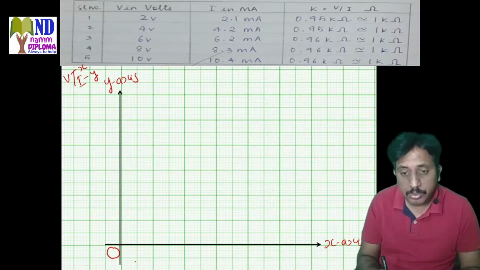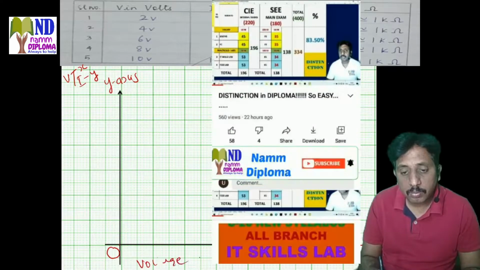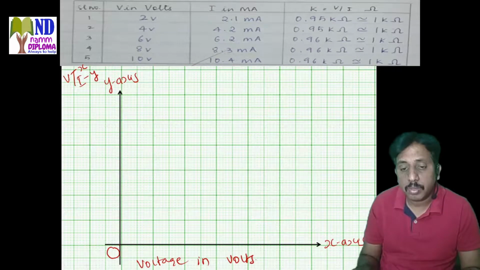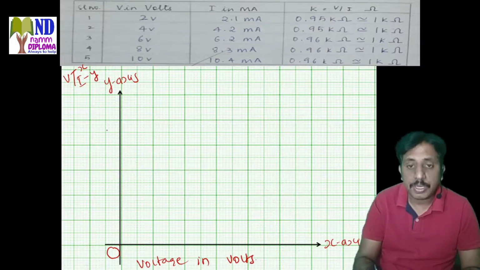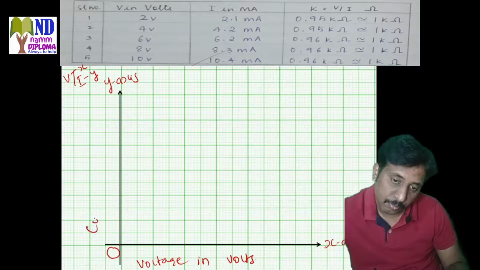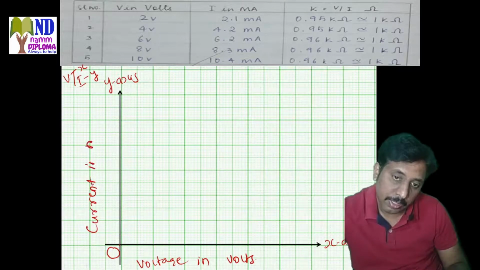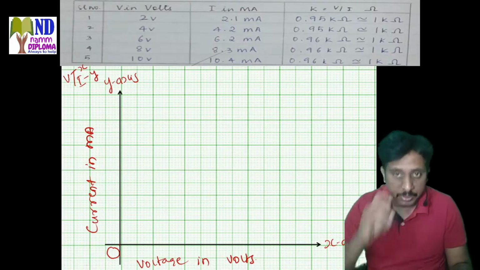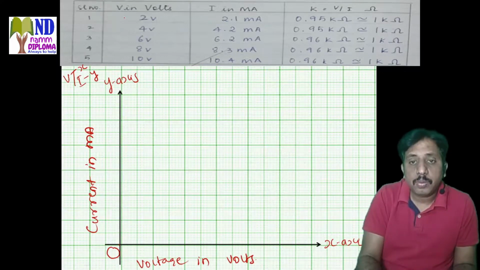You should write here voltage in volts, and similarly here current in milliamps, because voltage is in volts and current is in milliamps.